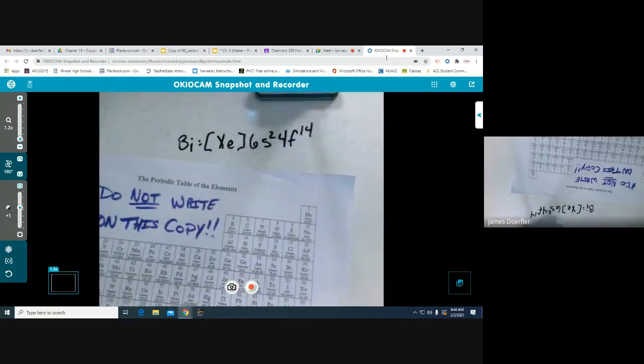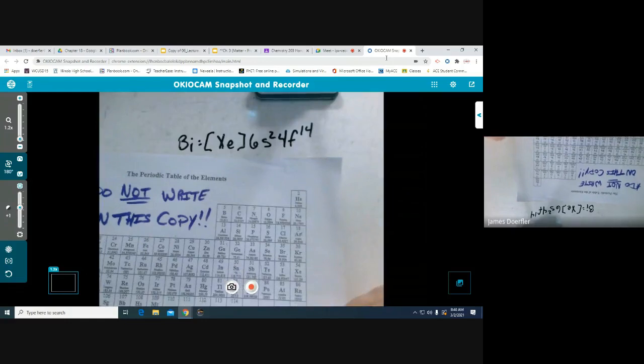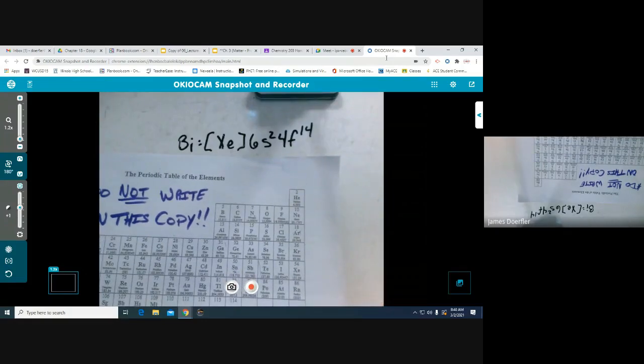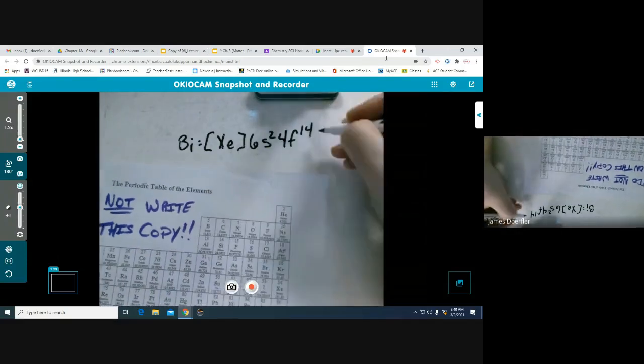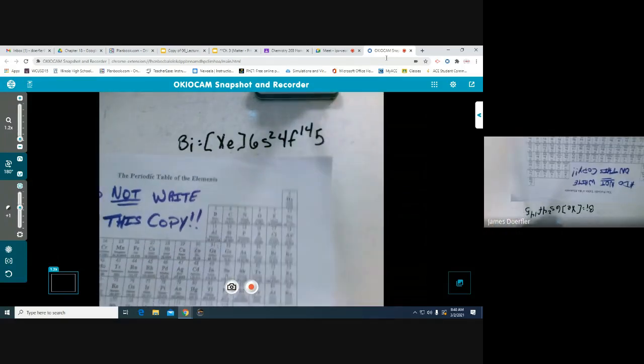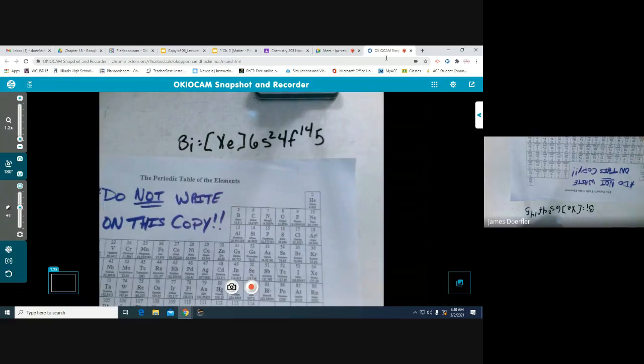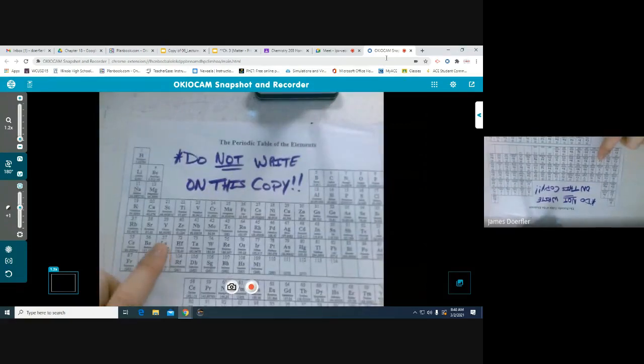I'm at the end of the F block. I'm not at the end of an official row, but I'm at the end of the F block. So I go S to F to D. But what's my D value going to be? 5. Now I'm back at lanthanum.